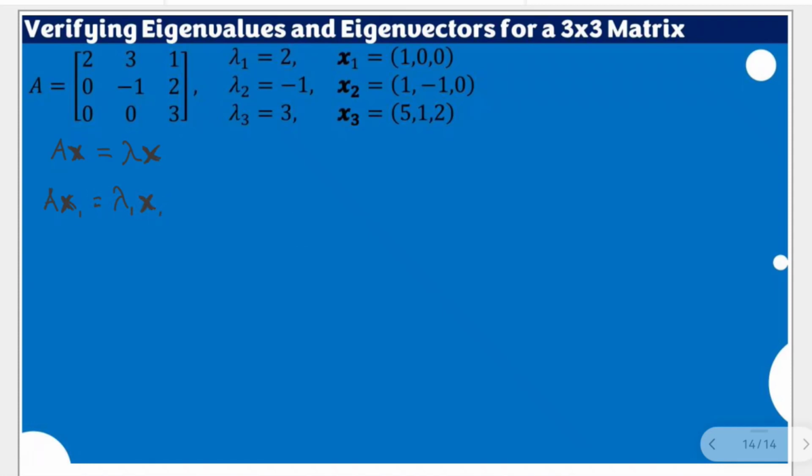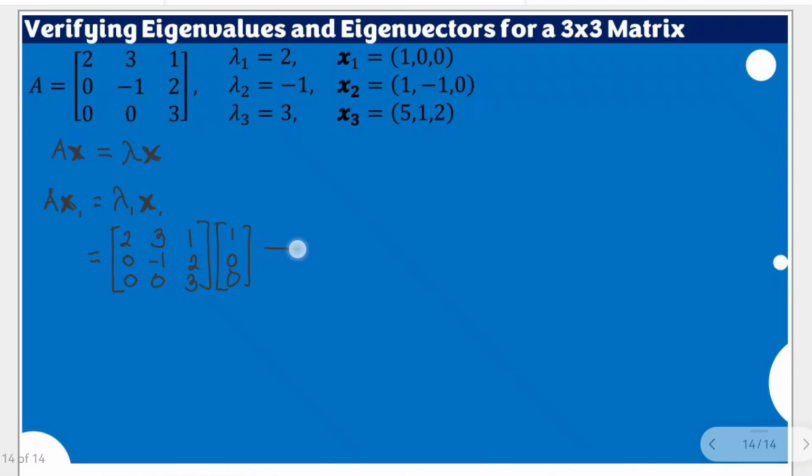Okay, so we have our A here, 2, 3, 1, 0, negative 1, 2, 0, 0, and 3, to be multiplied with our first vector 1, 0, 0.